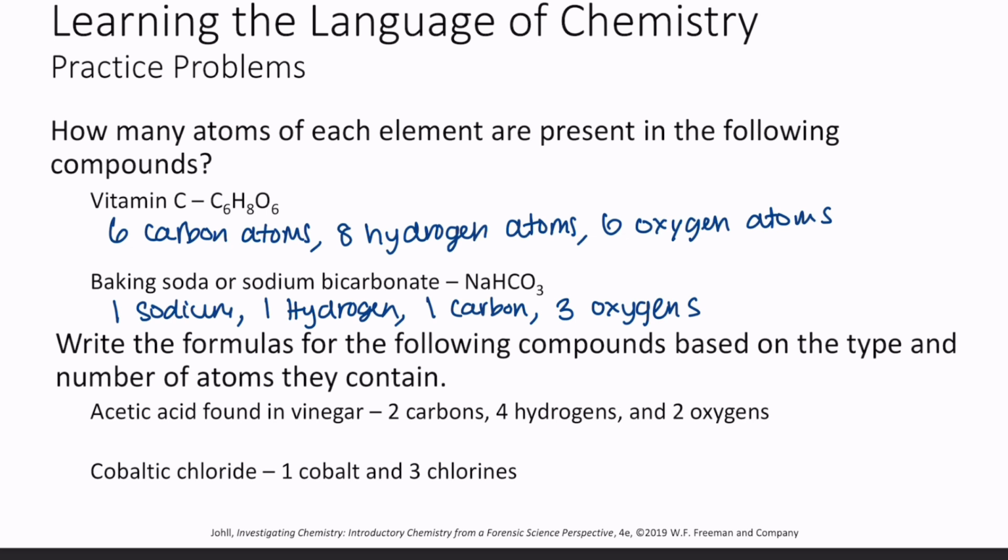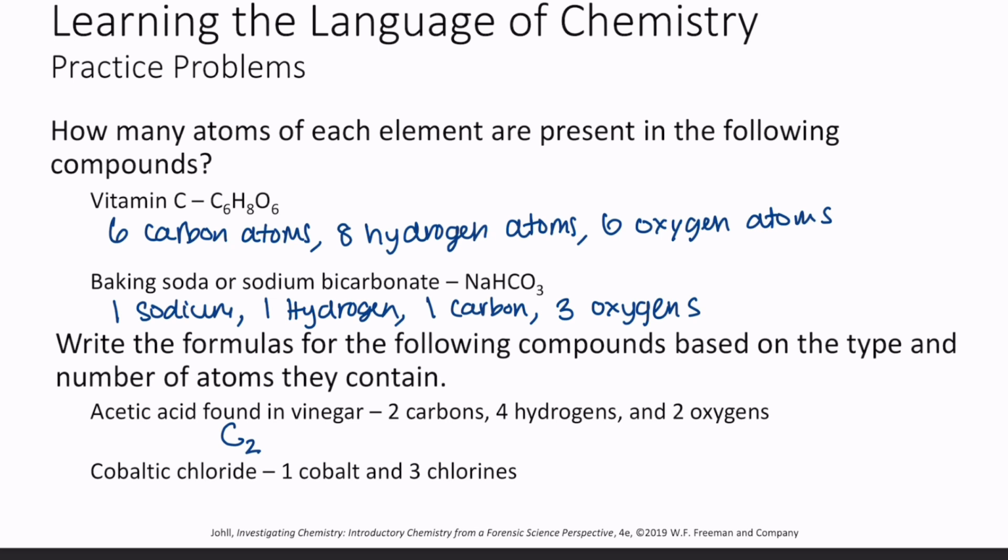Now, in this next one, we need to come up with the chemical formula. So remember, when you're giving a formula, you're going to give the element name or the element symbol first, and then use a subscript to identify how much there are of it. So acetic acid, which is found in vinegar, is going to have two carbons. So I'm going to go find the symbol for carbon, which is a capital C, and it's going to have two of carbons.